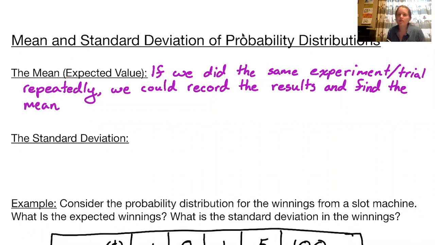And this is considered to be kind of what we would expect to happen, hence it also being referred to as the expected value.